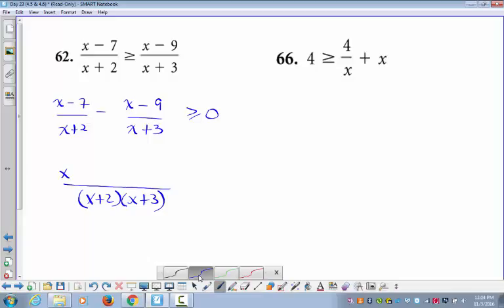So that's x squared minus 7x plus 3x is minus 4x minus 21. And then we're going to have a minus, and we multiply that denominator times that numerator. So we get x squared plus 2x minus 9x is minus 7x. 2 times minus 9 is minus 18.